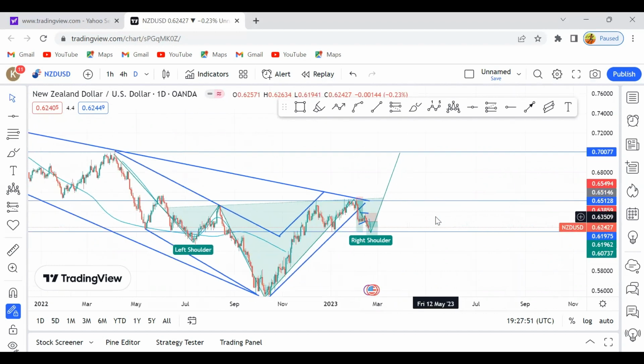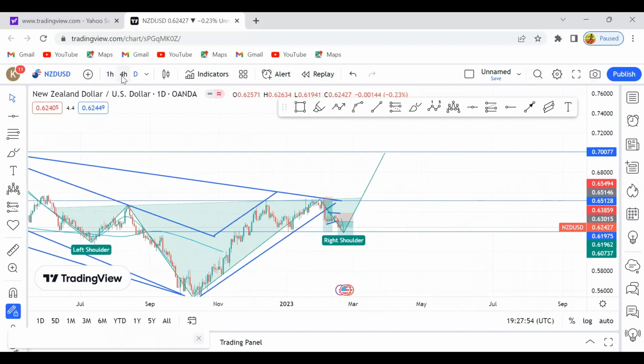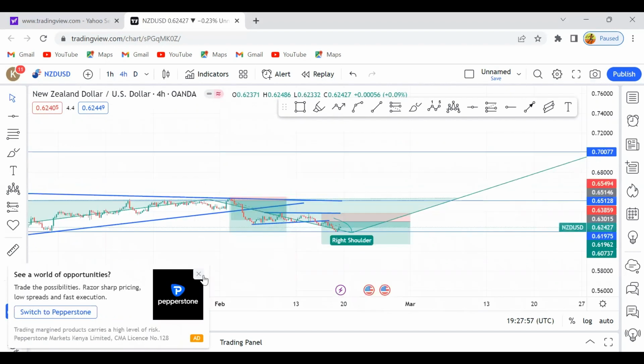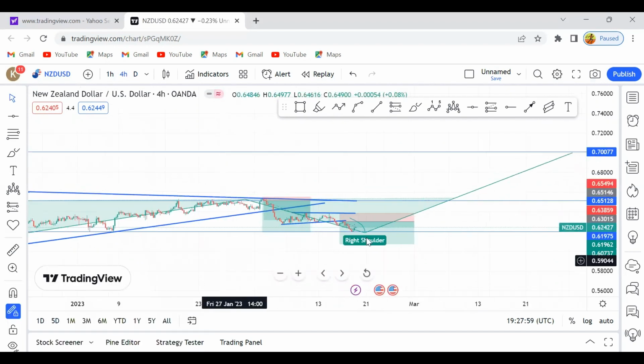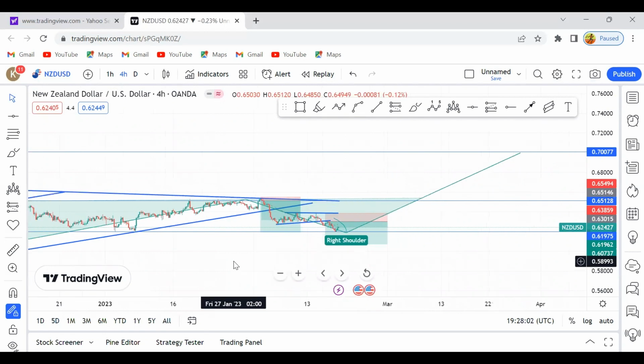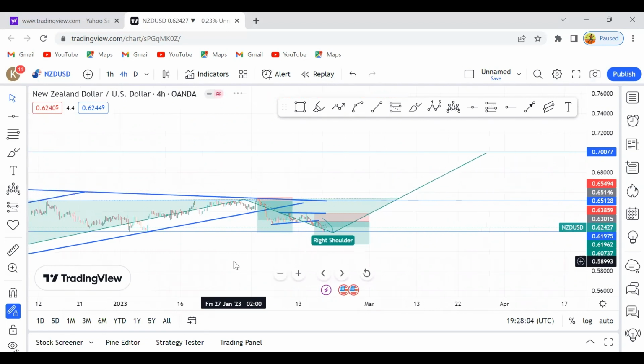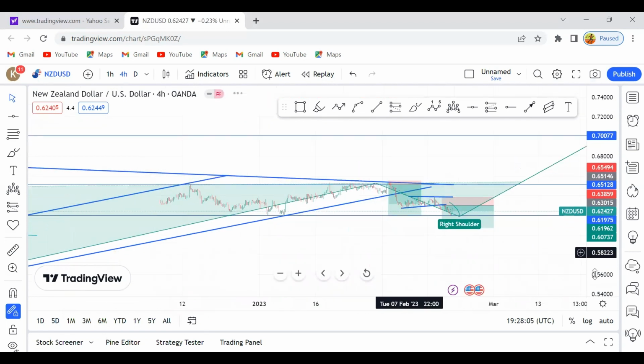We have to expect a beautiful buy, but also we would have seen that this zone here would have been a zone whereby the market will reject and continue going up.